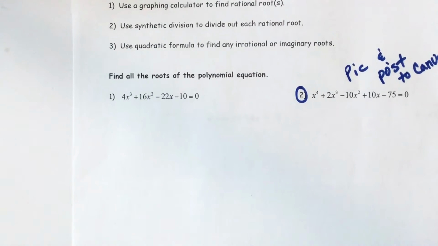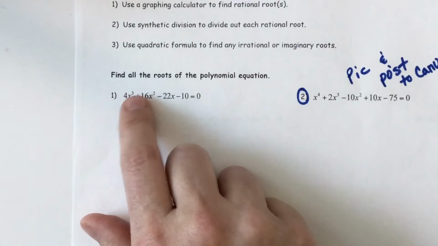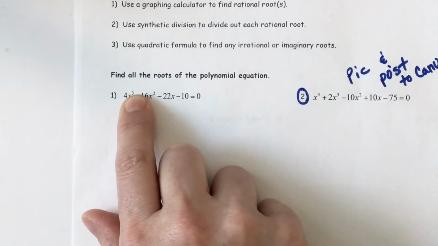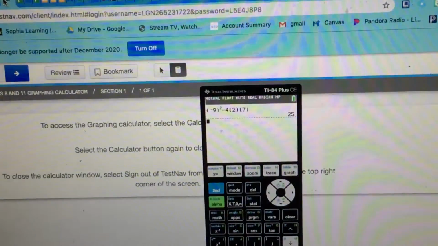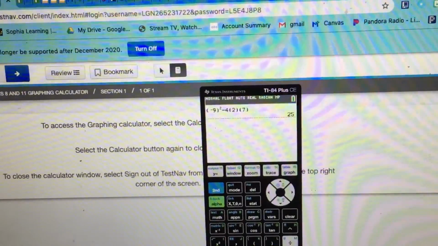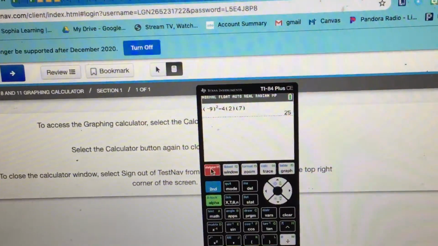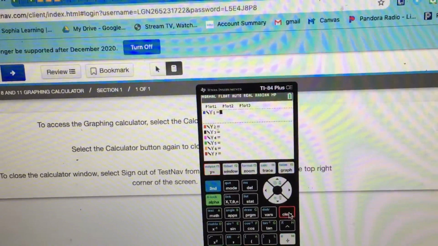So first thing I'm going to do is use the calculator and find what zeros I can with the calculator. Okay, I know there's going to be 3 answers total when I'm done. All right, so let's look. So I'm going to my calculator. I need to go to y equals, and I'm going to type that equation in. So let me clear all this out.